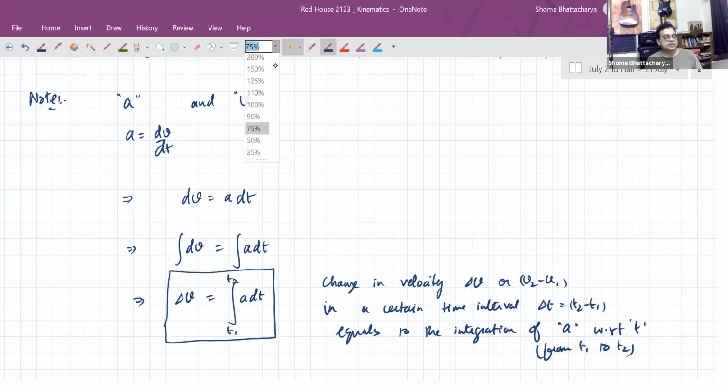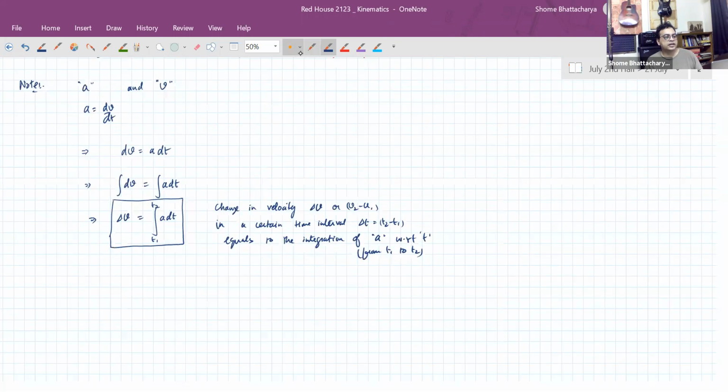So again, this also has a graphical meaning. That is, if you draw the acceleration versus time graph, then the area under the graph will represent the change in velocity.